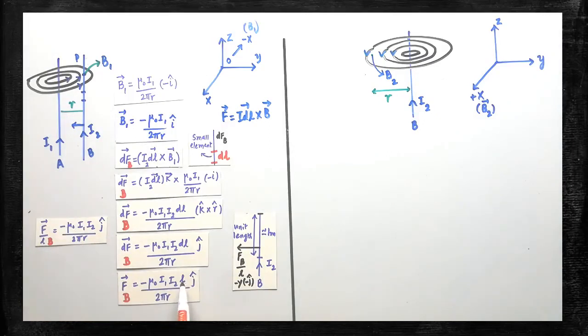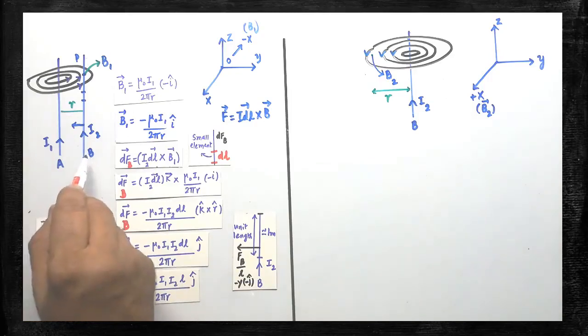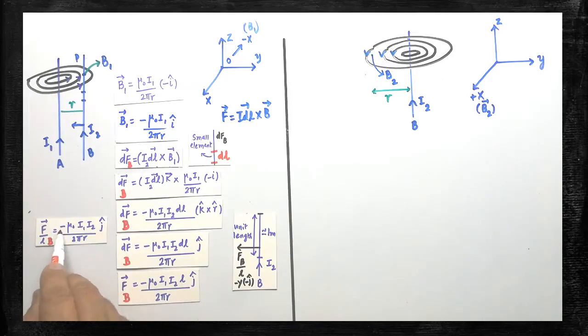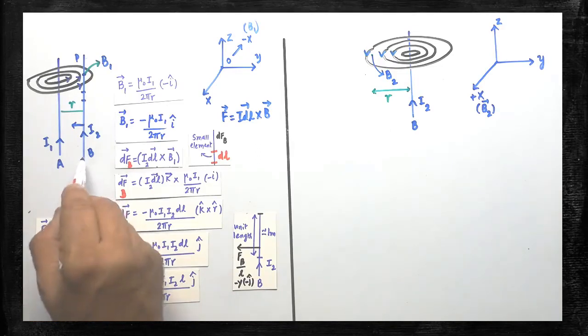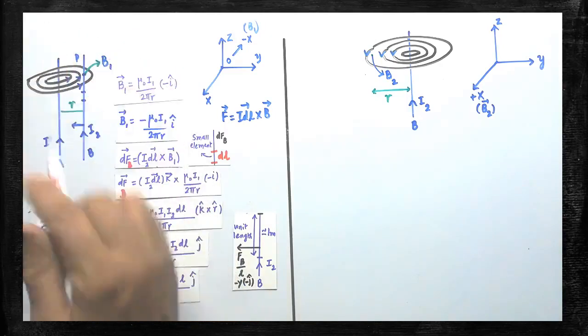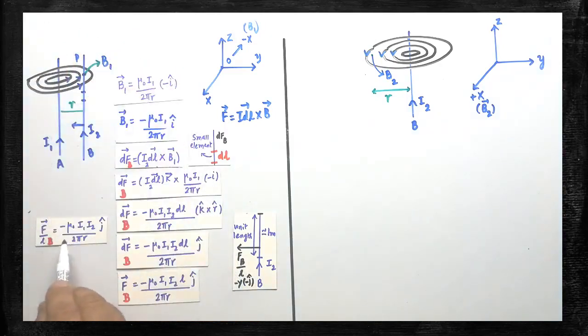If the L is cross multiplied, you can calculate the force acting per unit length on conductor B. What is the formula? Minus mu naught I1 I2 divided by 2 pi r, J cap. Are you clear? So this much force is acting on B in each unit length of the wire. That's why this equation is written. Are you clear?